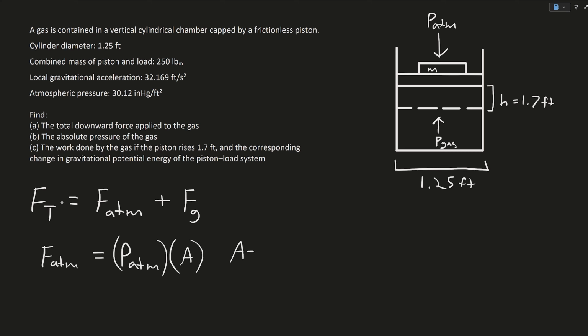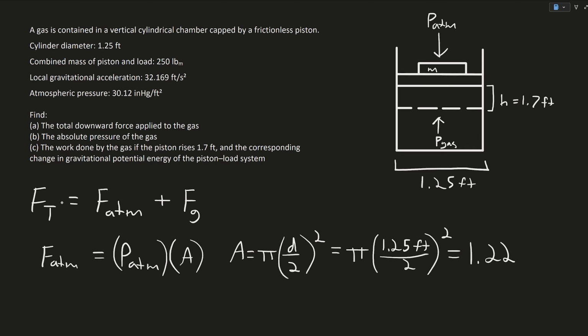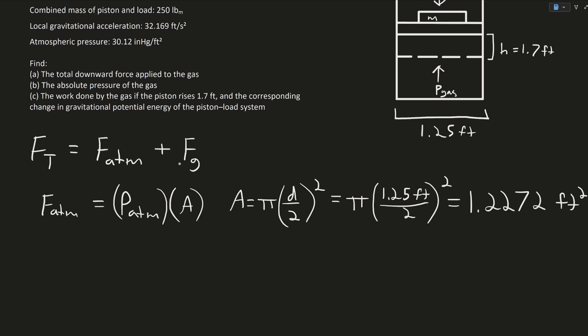So our area, since the piston is a circle, is pi r squared, or pi times diameter divided by 2, squared, which is equal to pi times our diameter of 1.25 feet divided by 2, squared, which gives us 1.2272 feet squared.